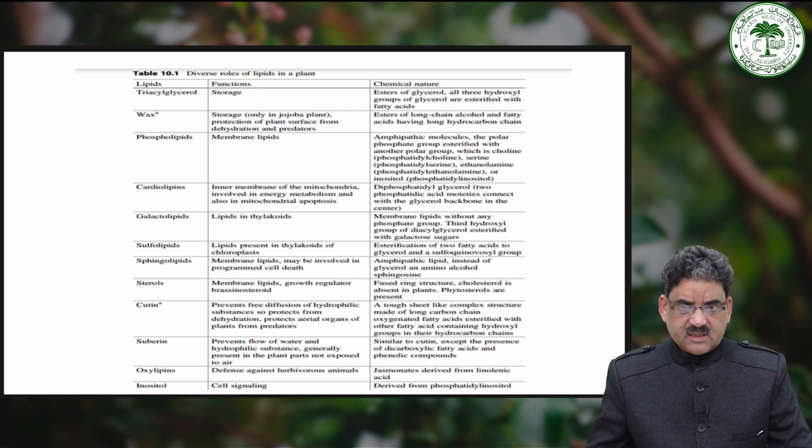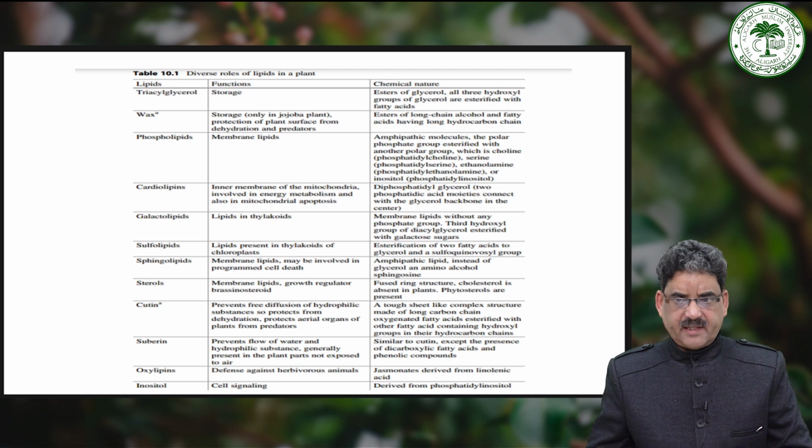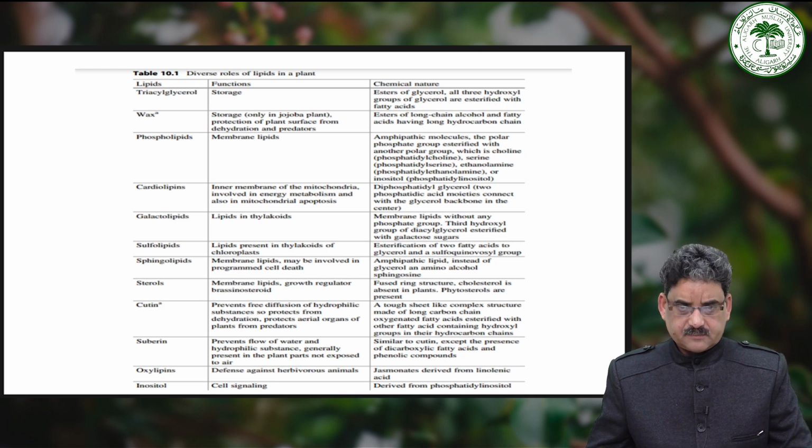The next one is cutin, which forms a complex structure that prevents free diffusion of hydrophilic substances, protecting aerial plant organs from dehydration and predators.